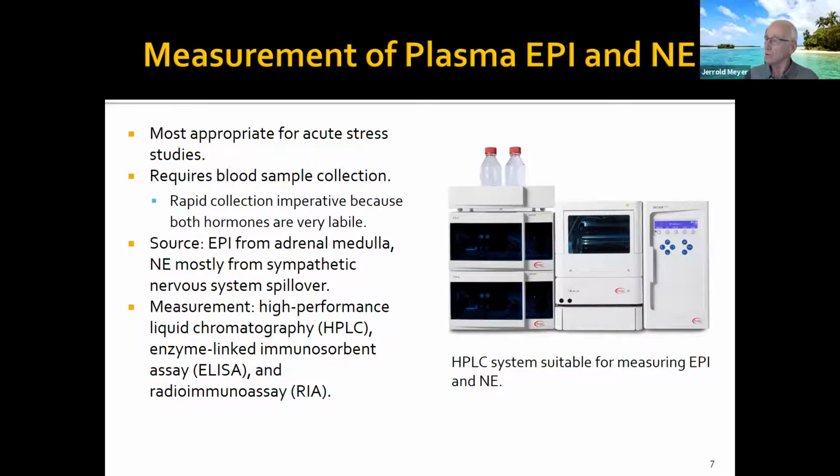So what if you want to measure plasma epinephrine and norepinephrine? It might be that none of you will ever do this, but it's good to know about it as an alternative. It's more likely to be done in a medical setting, maybe a hospital setting or a clinic. One of the reasons is because the blood sampling needs to be done very rapidly.